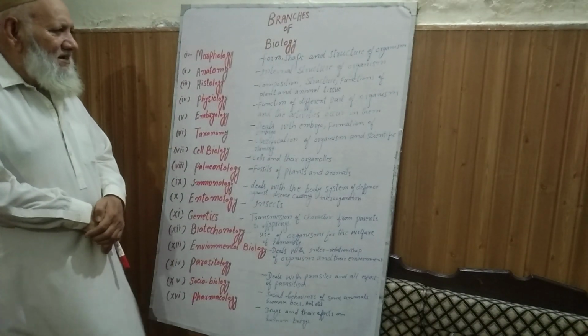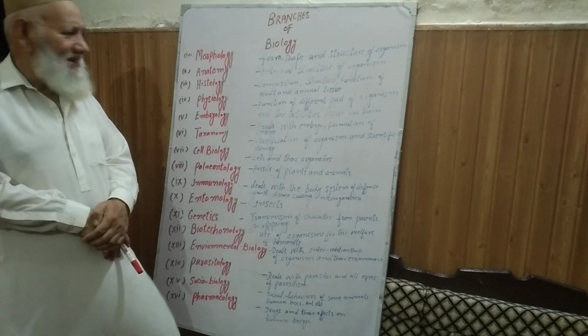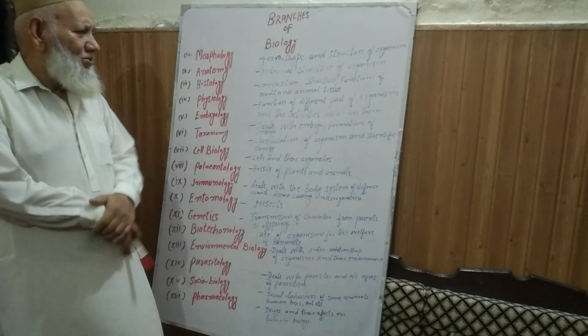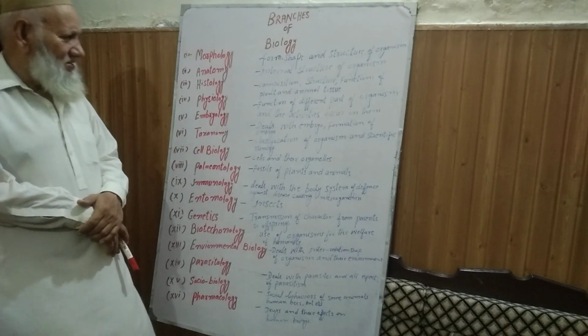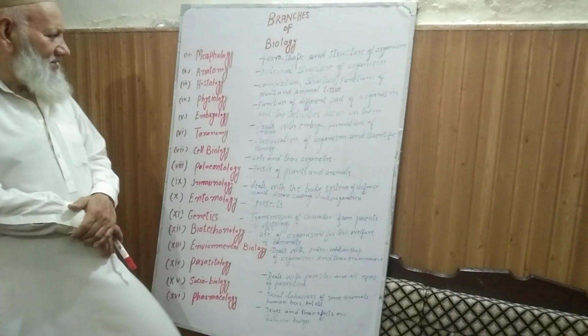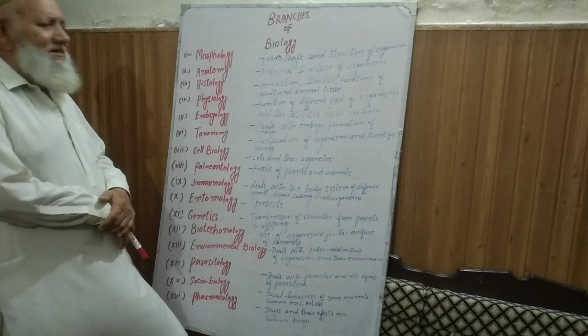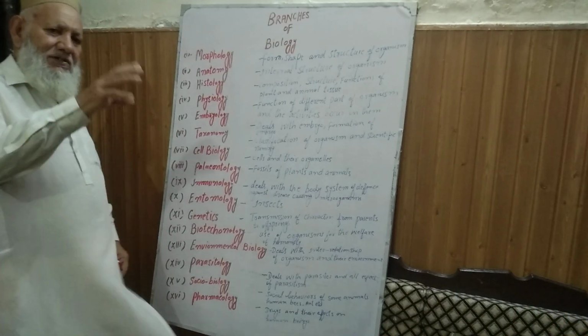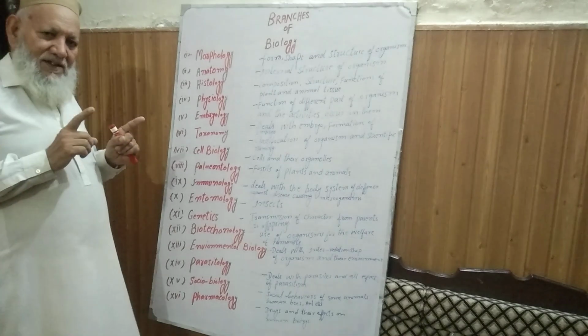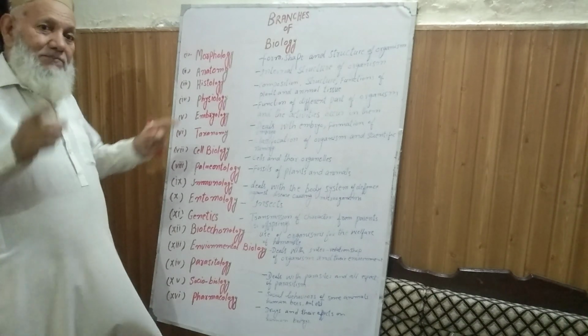Histology. There, animal and plant tissues are studied: the composition, structure, and function of plant and animal tissue. Here, particularly, we focus on tissue. Histology means the study of tissue.